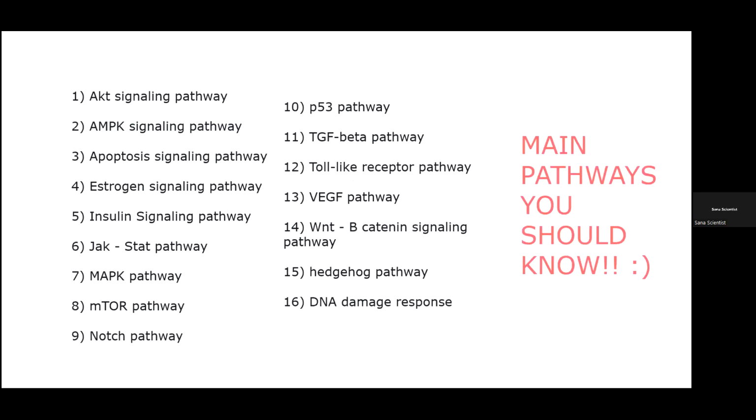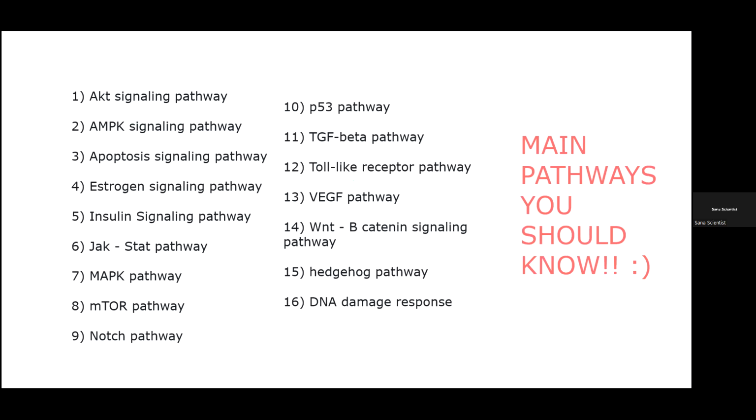Not trying to scare you, but these are the main pathways which you should know about in detail, such as the apoptosis signaling pathway or mTOR pathway, Notch or Wnt pathway, hedgehog pathway. You should know where they are found, where they function, and what they do.